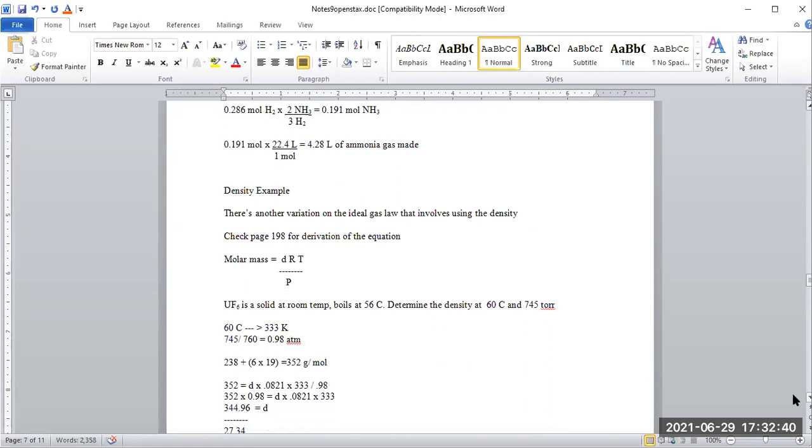We have molar mass, and this is also something that I can't get my computer to really do. This segment here is actually under a square root sign. I'm not really sure how to coerce Microsoft Word to make it look the way it's supposed to.